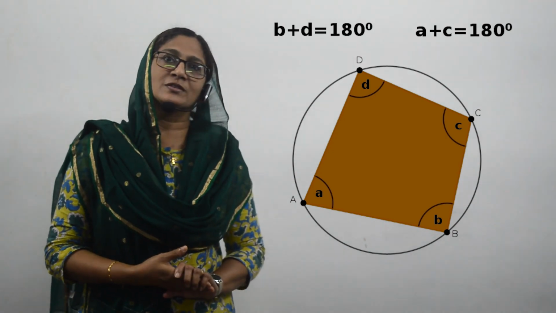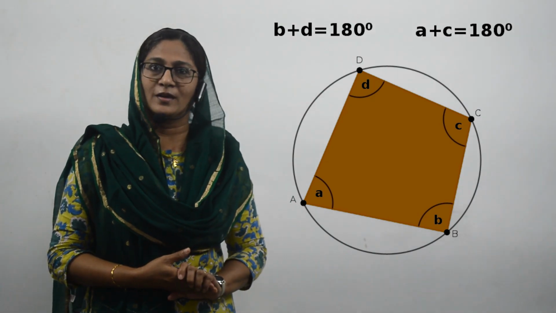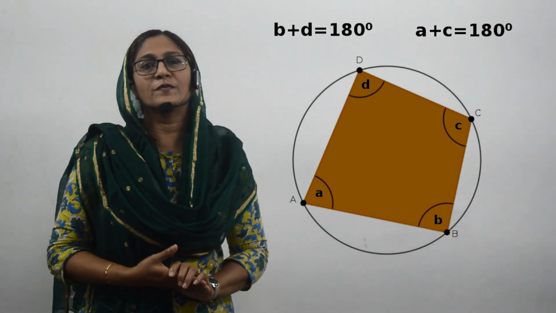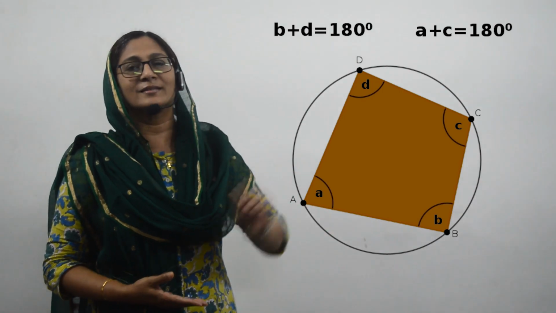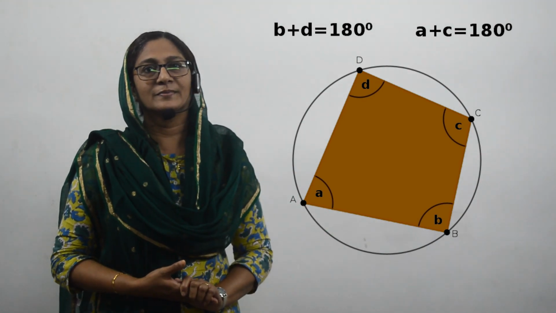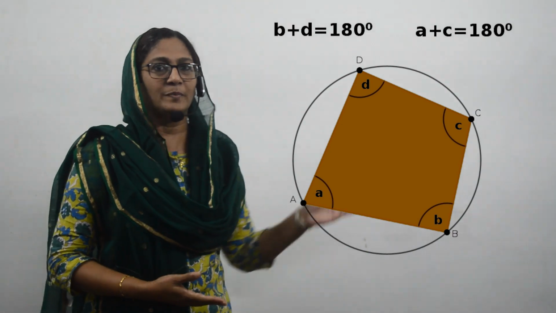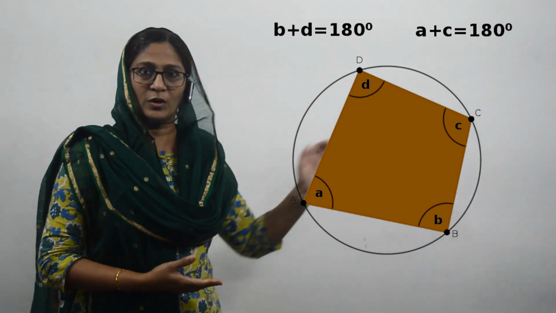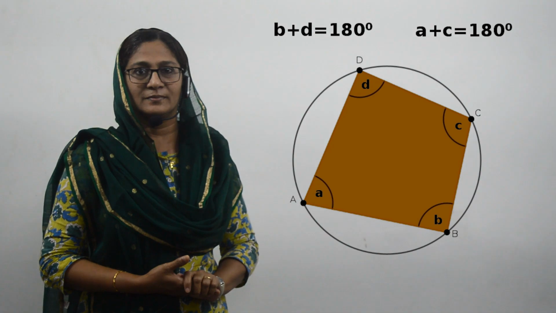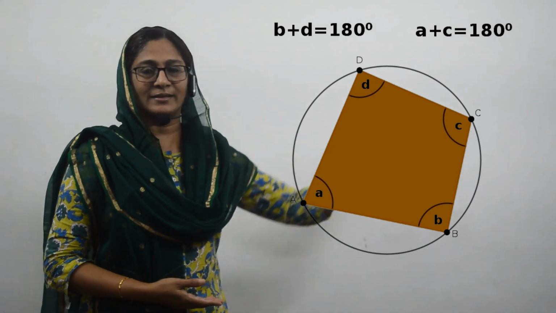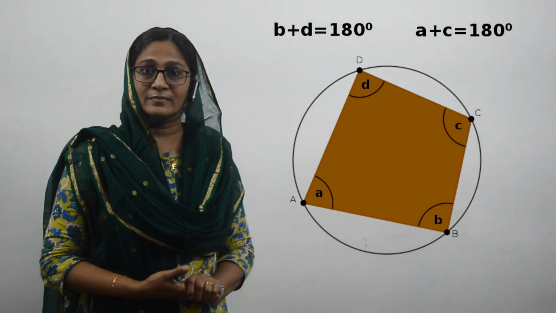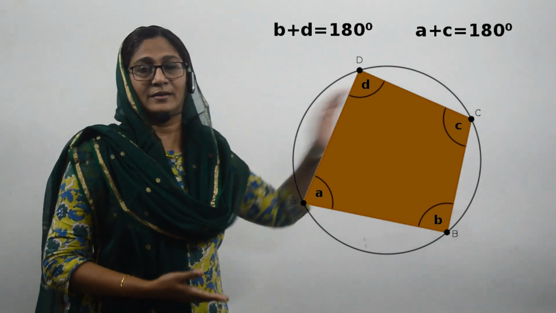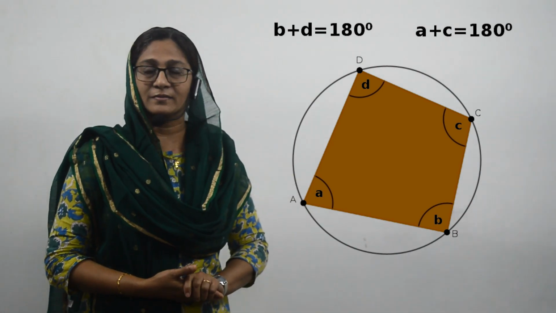We can express this result in another way also. If all the four vertices of a quadrilateral are on a circle, its opposite angles are supplementary. A, B, C, D are points on the circle, which means that A and C are opposite vertices, B and D are opposite vertices.